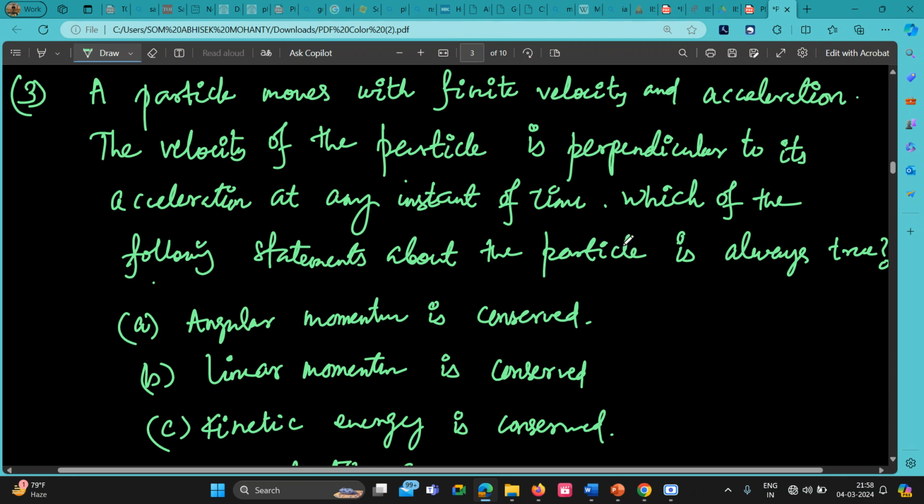The velocity of the particle is perpendicular to its acceleration at any instant of time. Which of the following statements about the particle is always true? Let's try this question.